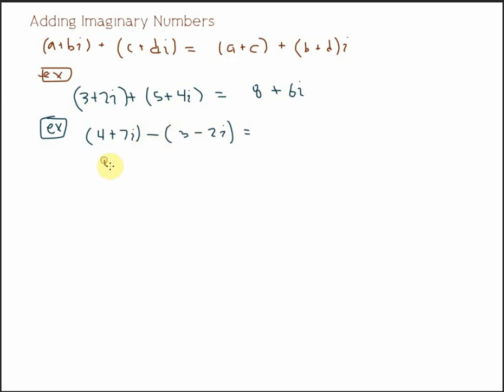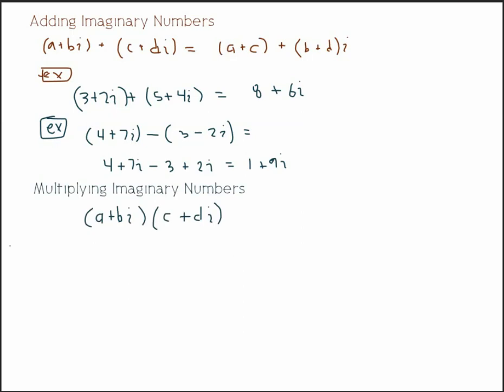So what you're actually doing is 4 plus 7i, and you distribute that negative to both: minus 3, and then a negative and a negative becomes a positive 2i. Depending on what those signs are, you distribute them throughout. Then you can combine your like terms. 4 minus 3 gives you 1, and 7i plus 2i gives you 9i. So treat it a lot like you do your quadratics. It shouldn't be too hard. Just combine your like terms.